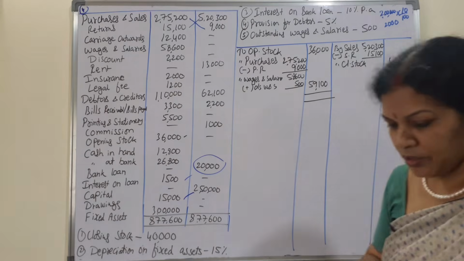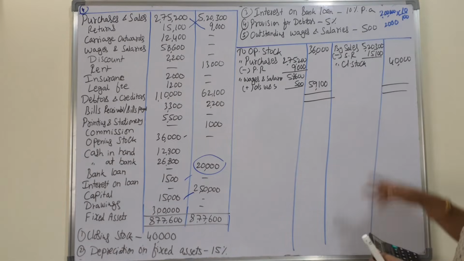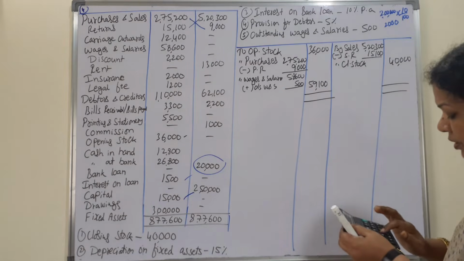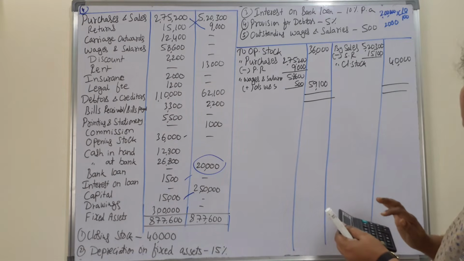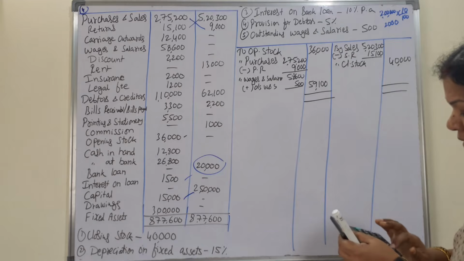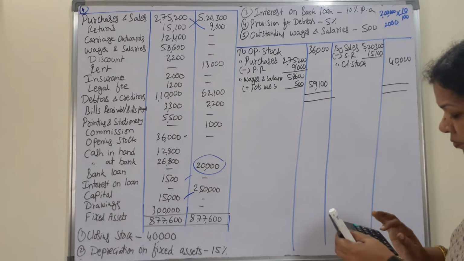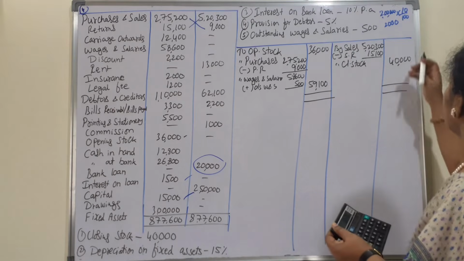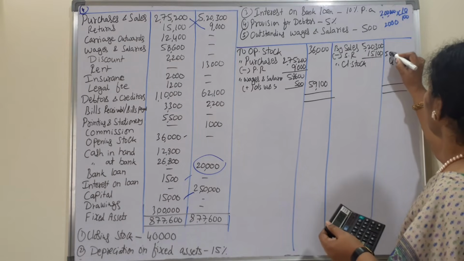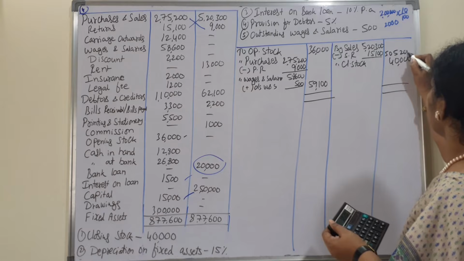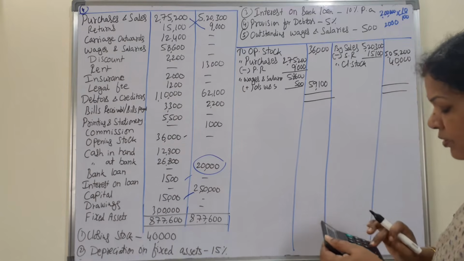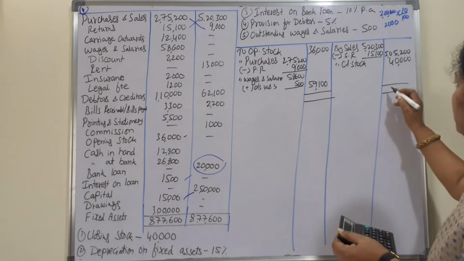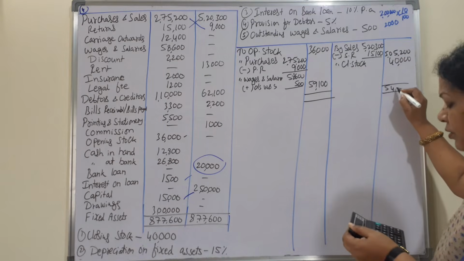We'll use the calculator. First sales: 5,20,300 minus 15,100 is 5,05,200. 5,05,200 plus 40,000 comes to 5,45,200.